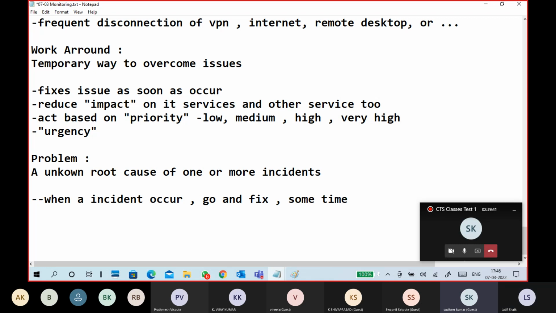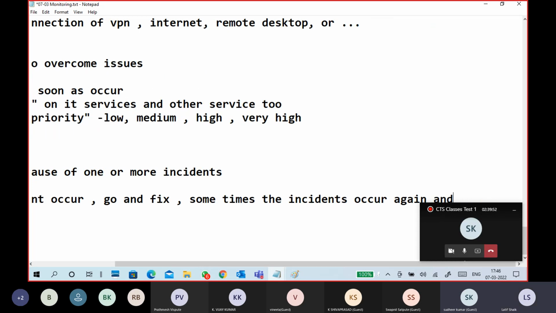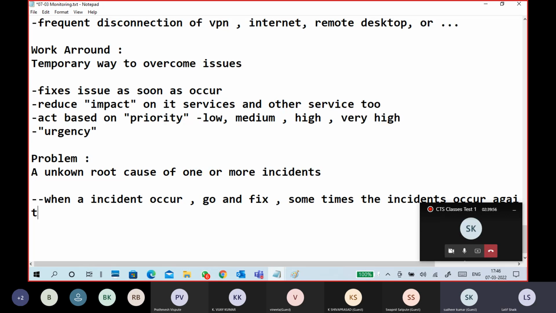Sometimes the incidents occur again and again, then we consider the incident as a problem.